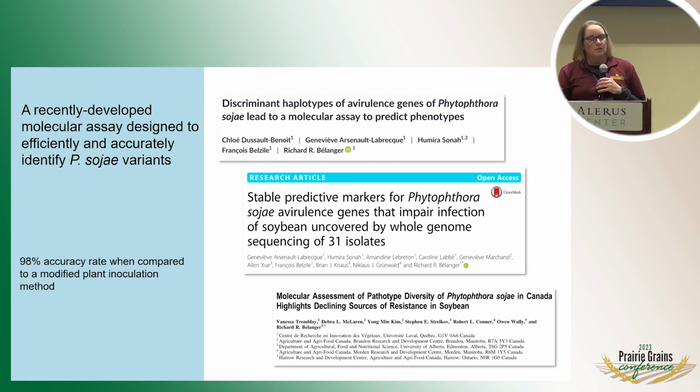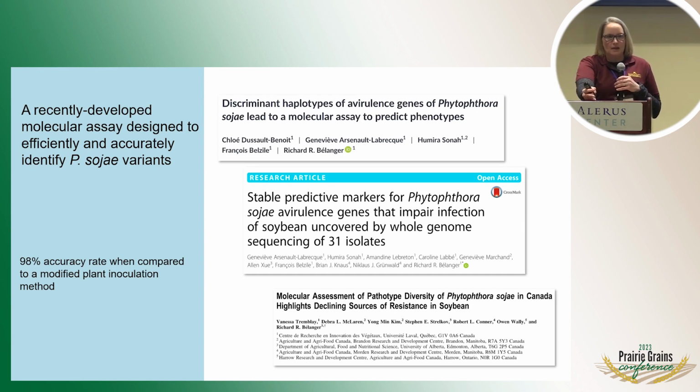So in the past, when researchers used to study AVR genes, what they had to do was plant 10 or more soybean plants of a particular variety with a known RPS gene in it. They had to do that with all of the known RPS genes that were out there.